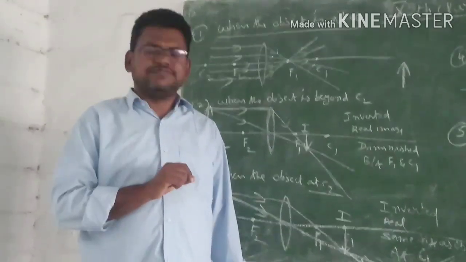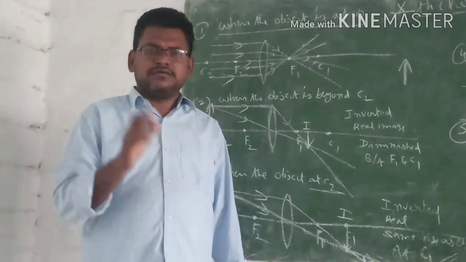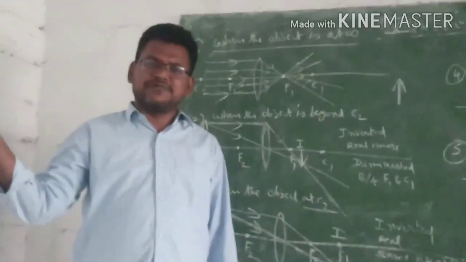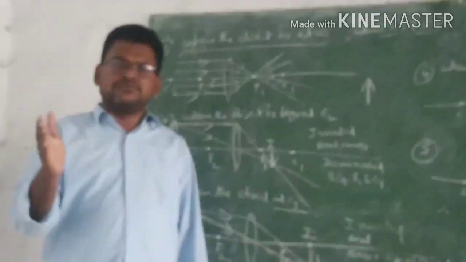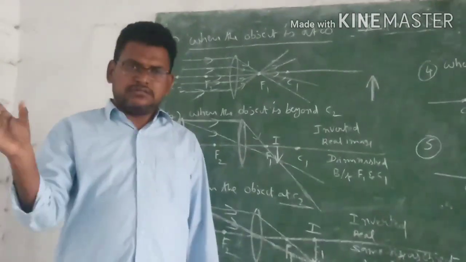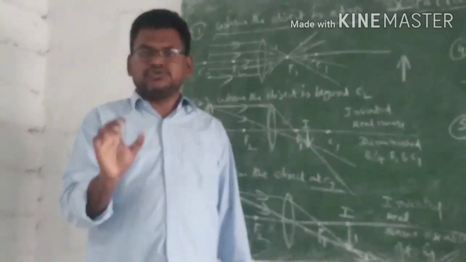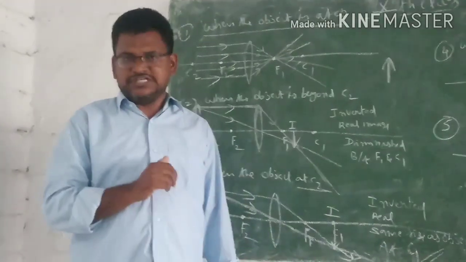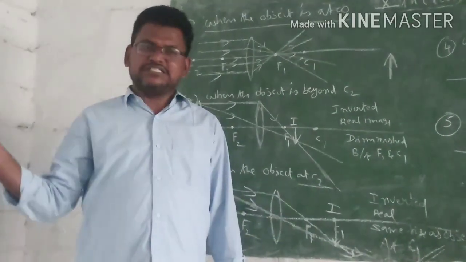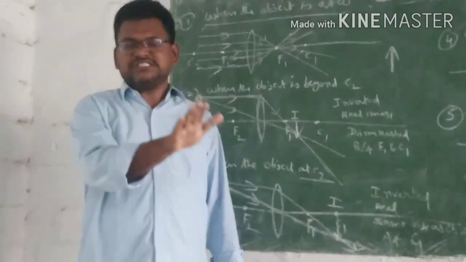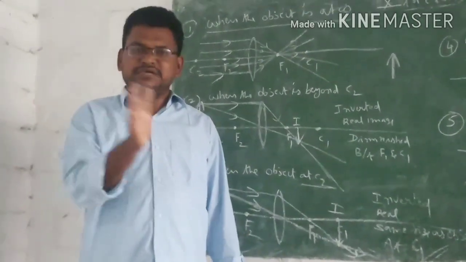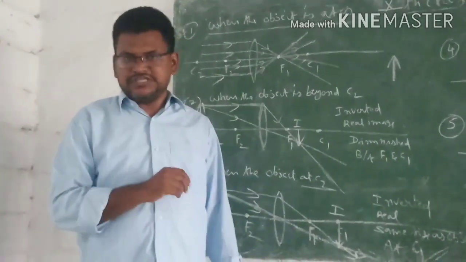So here focal length is 15 centimeter, and the distance from lens to center of curvature is what? 15 into 2. The distance from lens to center of curvature is called the radius, and the radius equals twice the focal length, 30 centimeter. When the object is at 30 centimeter, then the image distance is also 30 centimeter, and the image size is the same as the object.